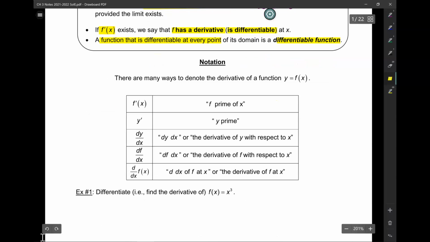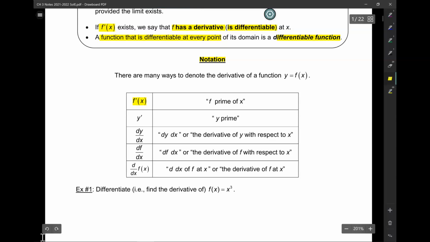Now, some more notation. We know that y can be called f of x. So if we have y equals f of x, some notations for the derivative are f prime of x, which we read as f prime of x. We can also call the same thing y prime.